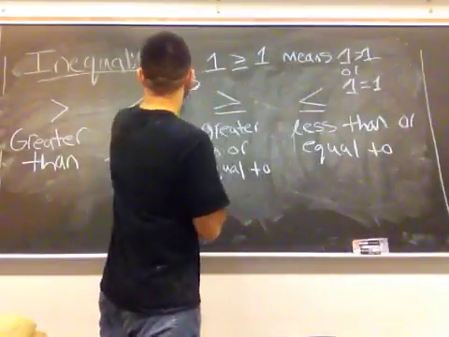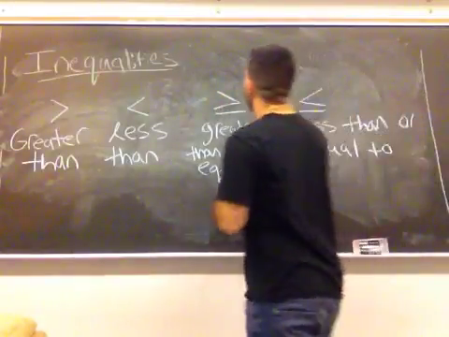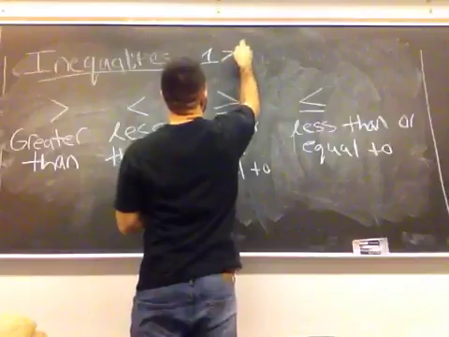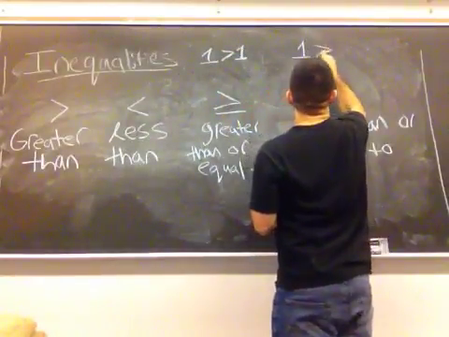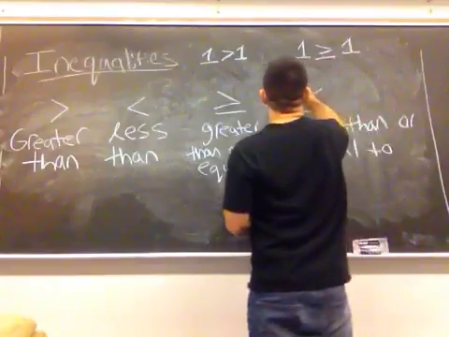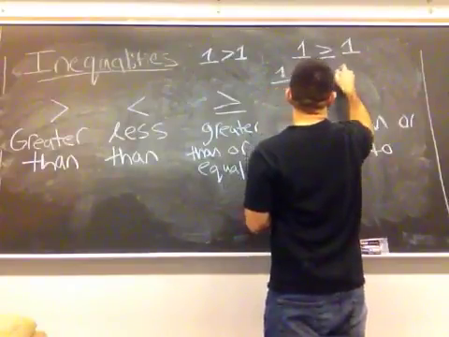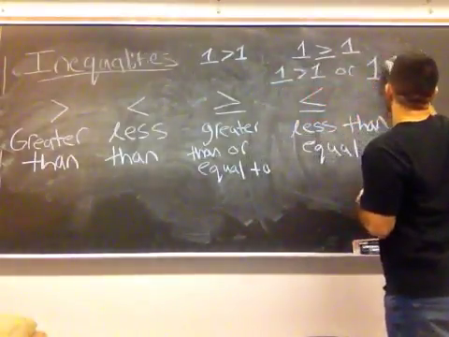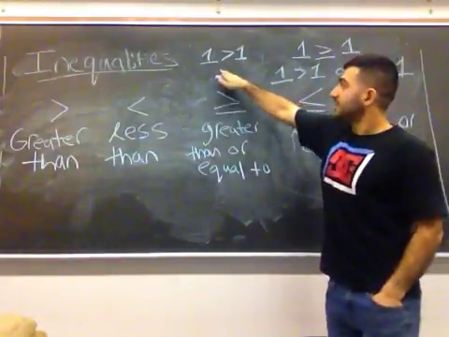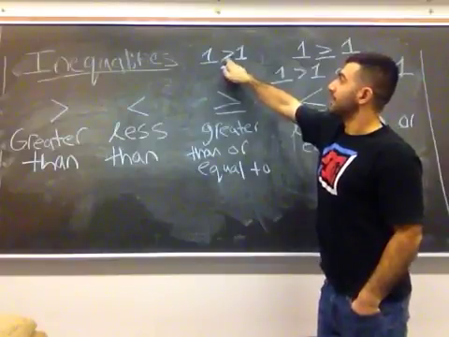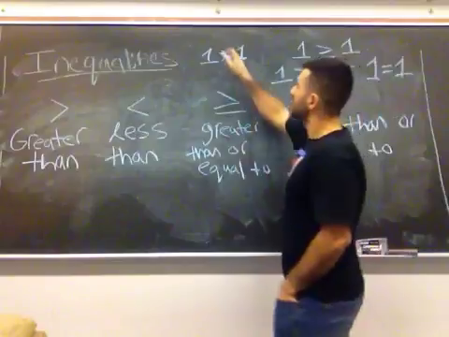So let's see why this is important. In this case, we're saying 1 is greater than 1, which is false, because 1 is not a larger number than itself. So this would be wrong.